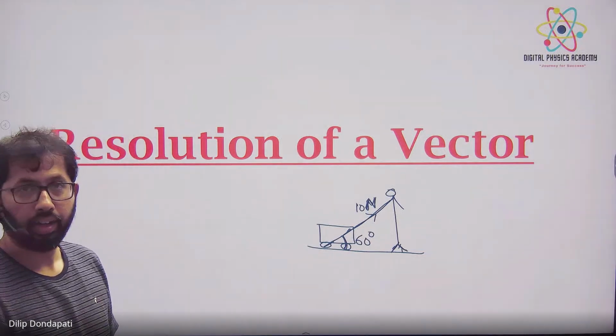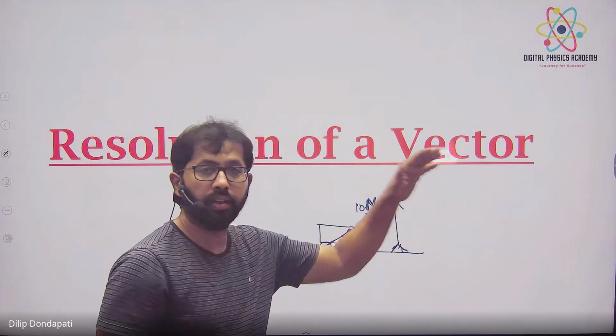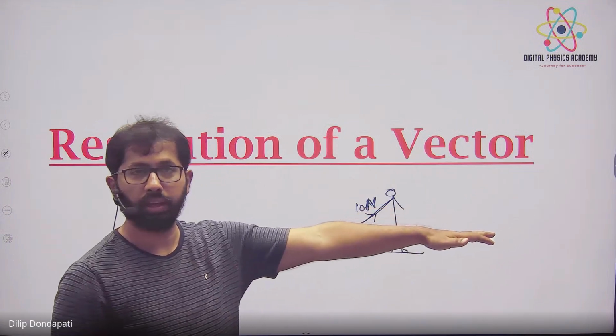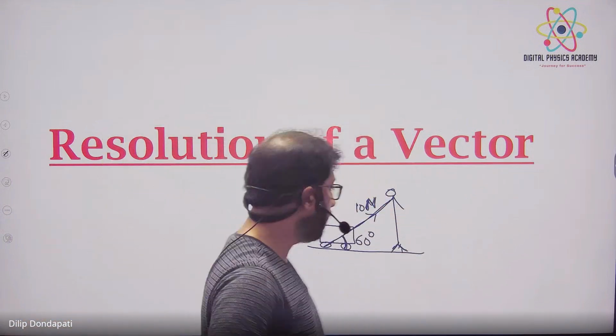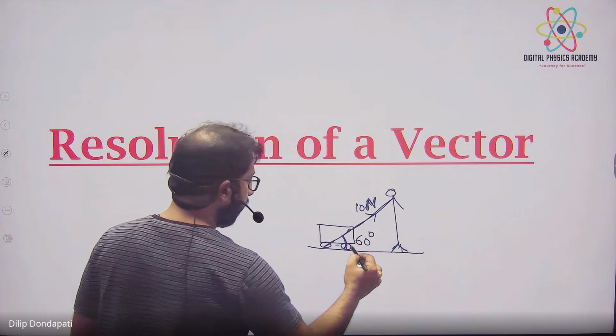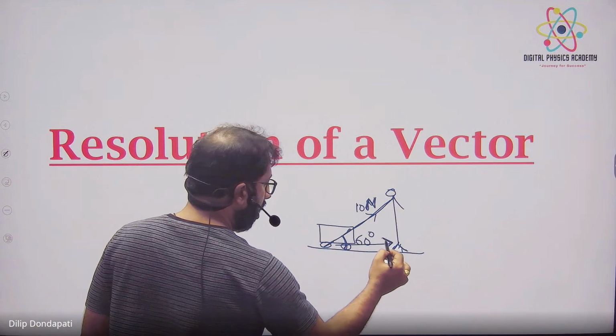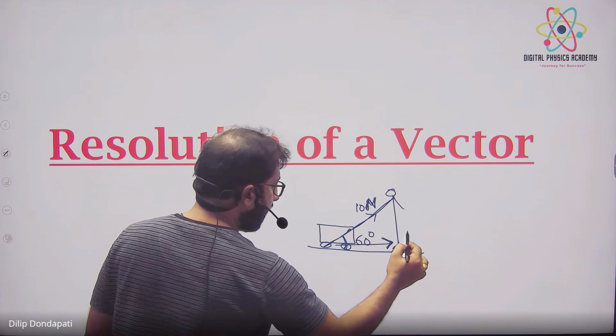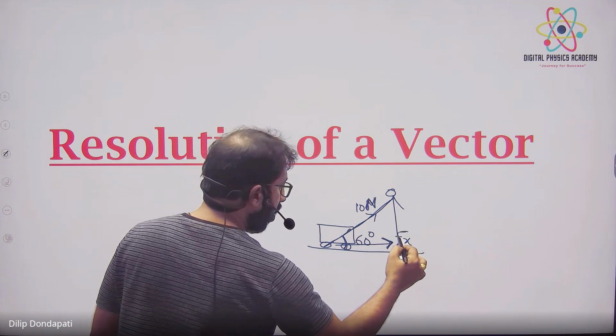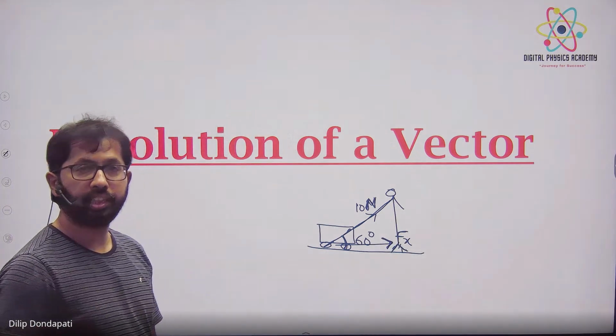The suitcase is moving in the x direction. He is holding it and taking it in the x direction. You tell me whether the force acting in the x direction is the same or different?